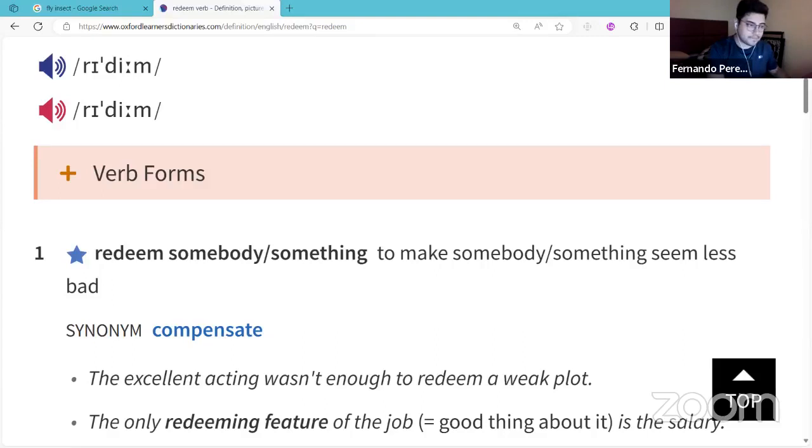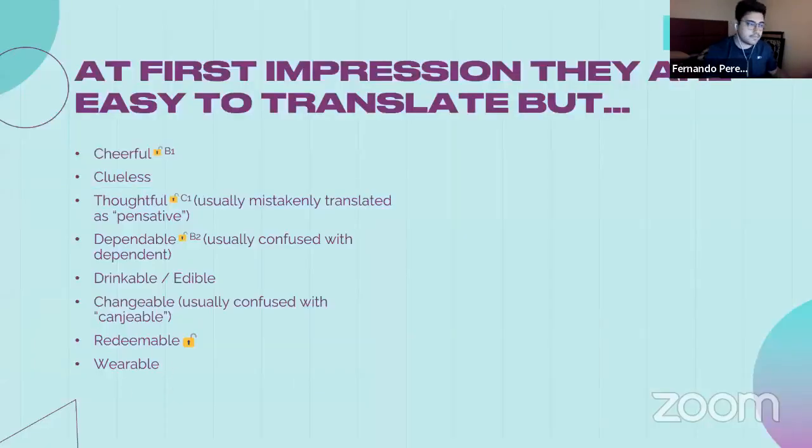That's one. And finally, wearable. Wearable doesn't exist in Spanish. Do you know what a wearable is?